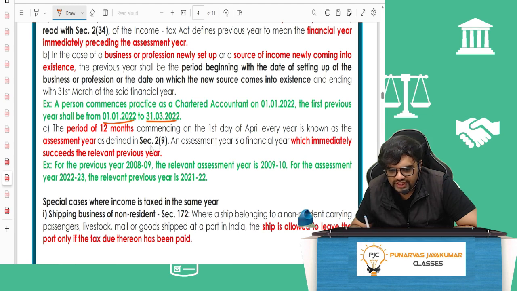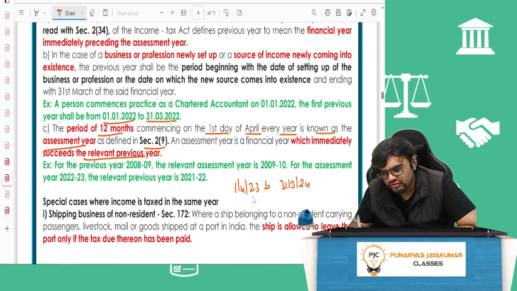Under 2(9), the period of 12 months commencing on the first day of April every year is known as the assessment year. An assessment year is a financial year which immediately succeeds the relevant previous year. So for our Finance Act 23, what is the previous year? 1st April 23 to 31st March 24.